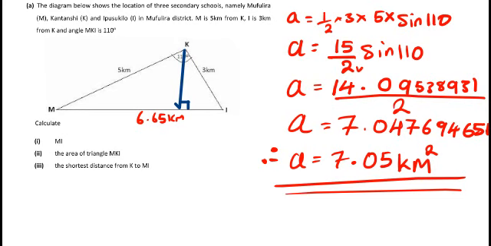Area is equal to 1 over 2 BH. Our B is ML. Our H is the height, which is the shortest distance we are looking for. And then our area, we are going to use this. That is our area.